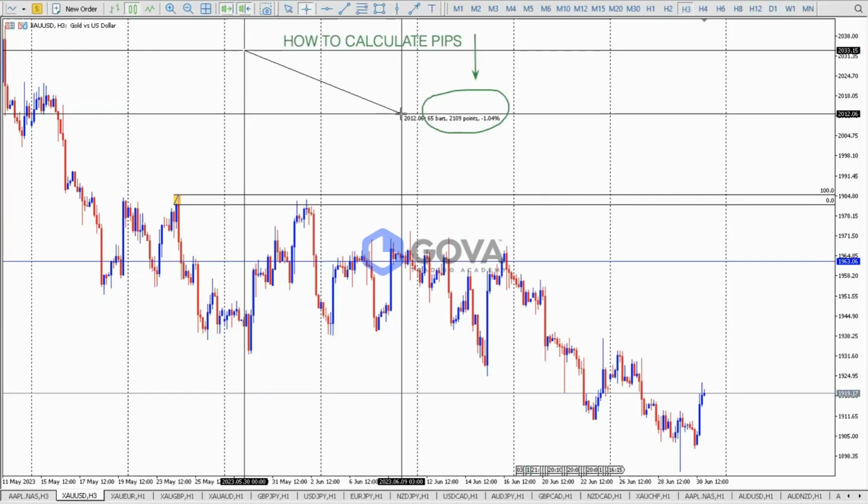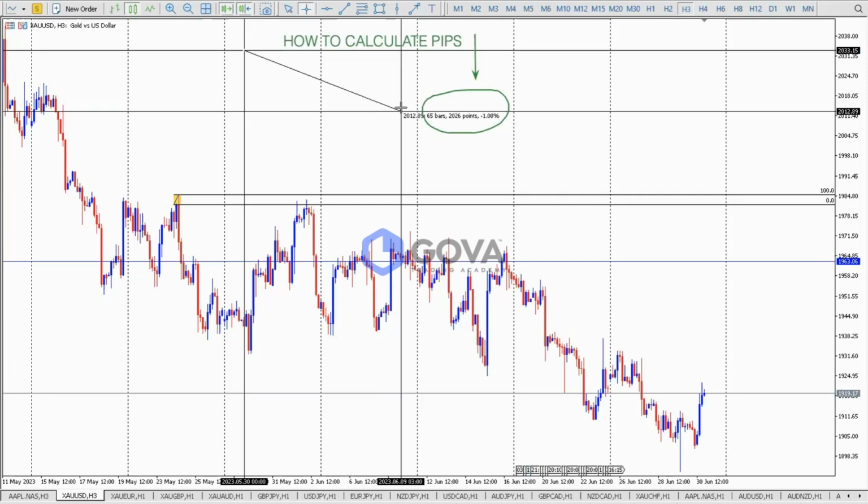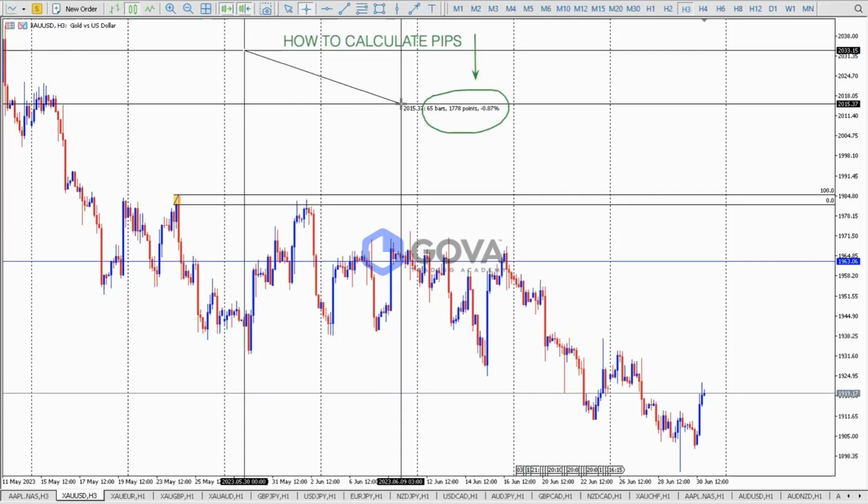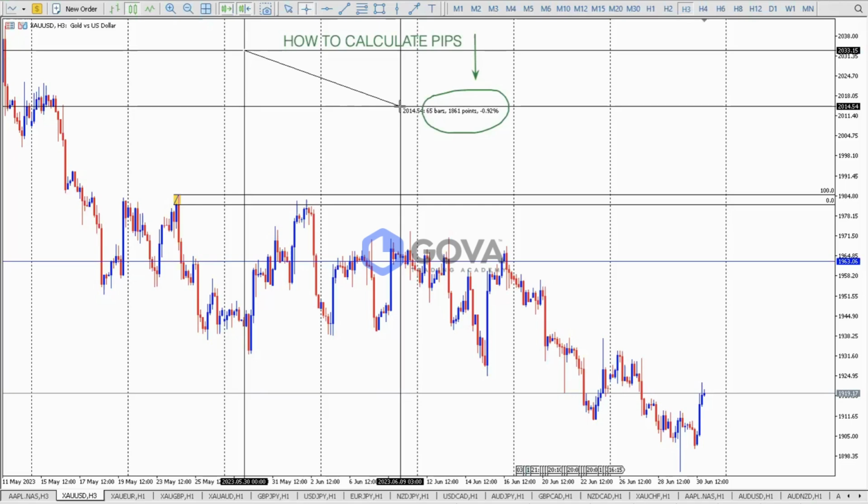So if we throw the last number out here, the last number here is 9. This is going to be 210 pips. If we throw the last number here, the last number here is 8. This is going to be 177 pips. If we throw the last number out here, the last number here is 0.